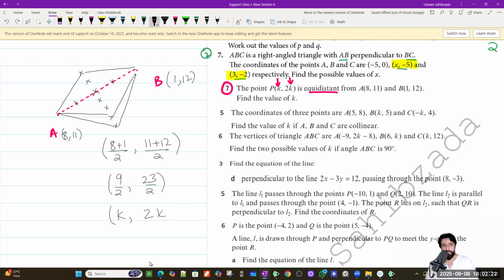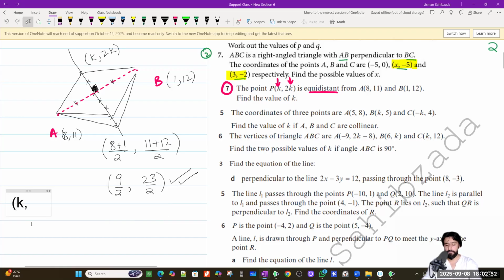Then we have like 2 pathways. I'll share the more complex but more efficient pathway. All these points, especially this point k comma 2k, is lying on the line bisector. Equation of a line bisector के लिए you want the midpoint. I'll write that down.